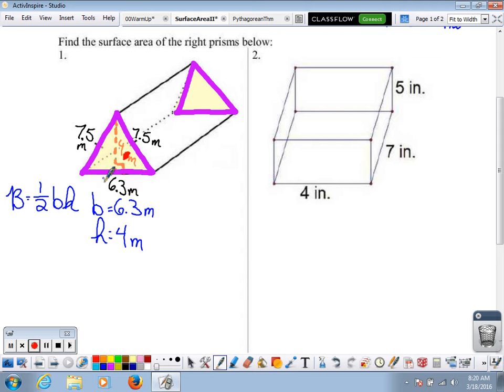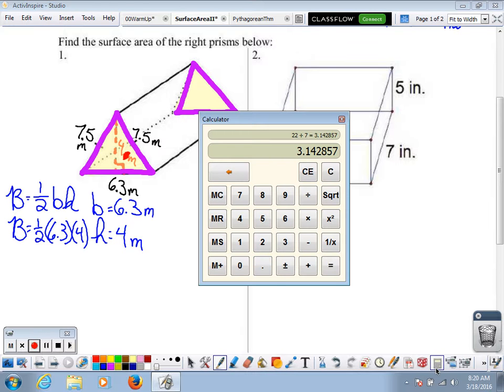Okay, so we have the base and the height. Let's take those and let's sub those into this formula for area. So the area of that base is going to be 1/2 times 6.3 times 4. Now, if we need a calculator, we can use it.